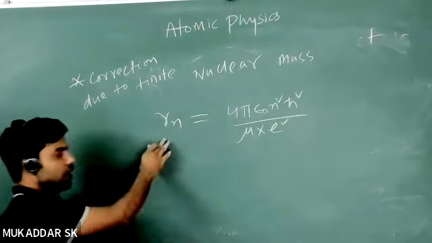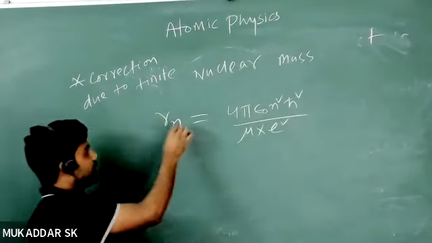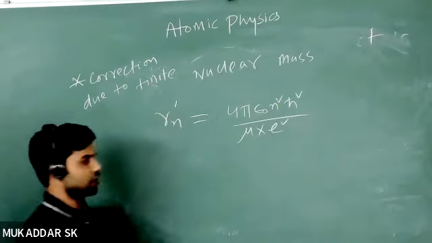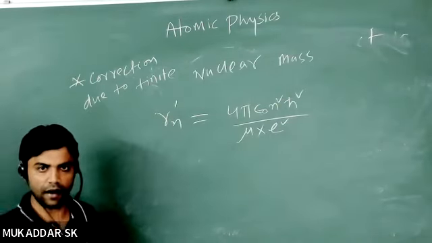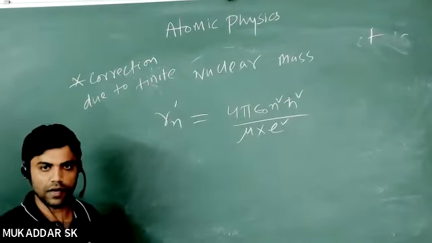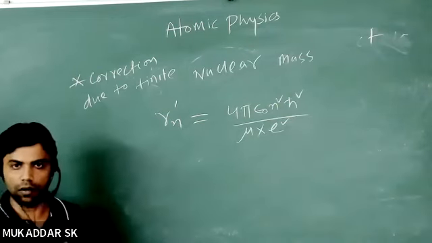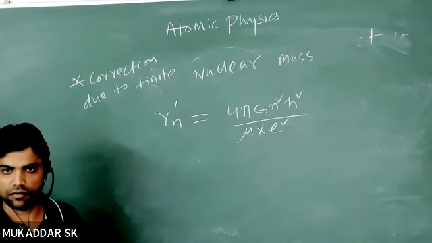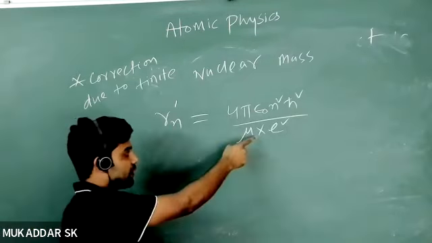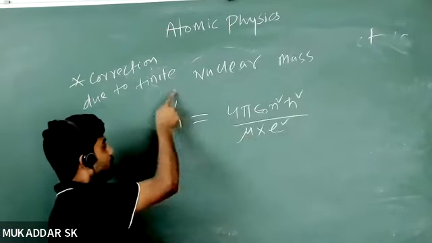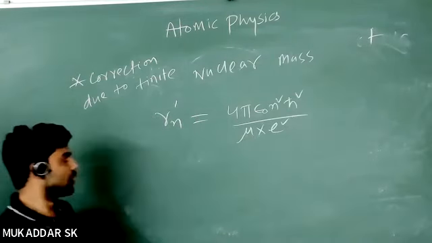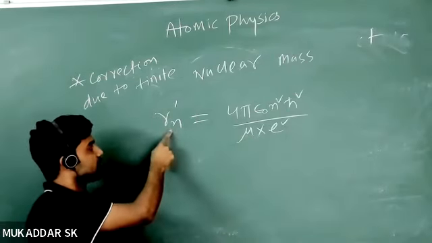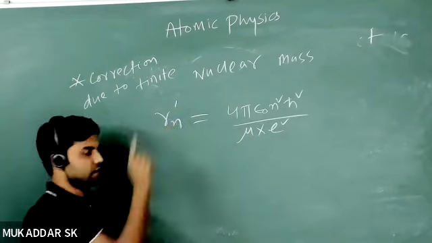So this will be the radius, and let us assume this is Rn bar, because you have already defined Rn. That Rn was how much? It was 4 pi epsilon naught n square h cut square divided by me into e square. Now you have replaced that me by mu, so you have to change that notation also. Now let us assume that radius is nothing but Rn dash.